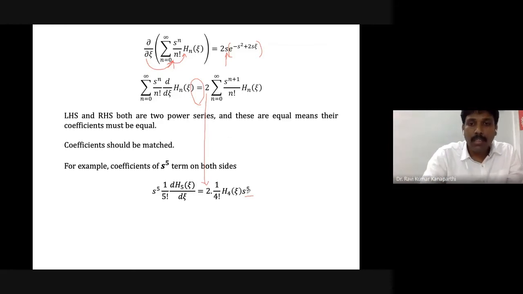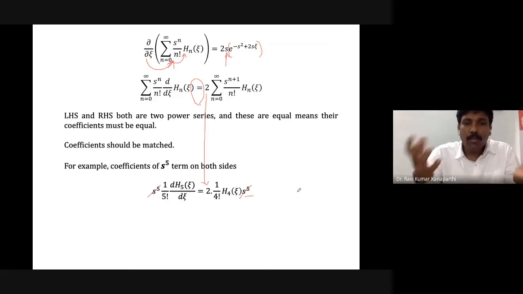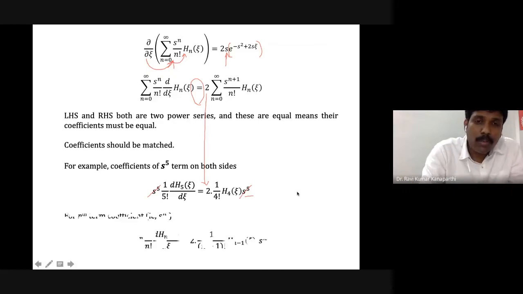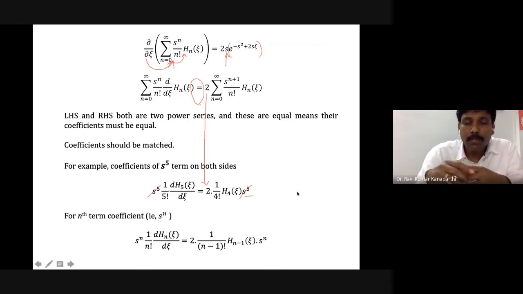And you can see here that both the things you can cancel out, s to the power 5, s to the power 5. So what you get is basically the remaining coefficient. Now, what I wanted to do is not just calculating some term, but we are more interested in comparing a common term.